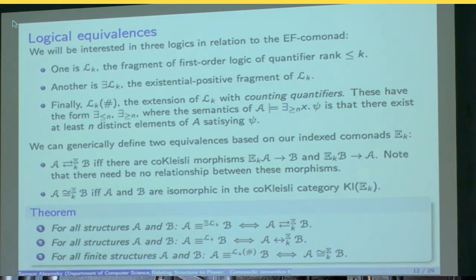The back and forth equivalence gives us the full language, and then the isomorphism gives us the ability to count, as measured by this language with counting quantifiers. And moreover, these are all indexed by this resource parameter. So this is nesting up to depth k, and this is the corresponding index on the comonad.